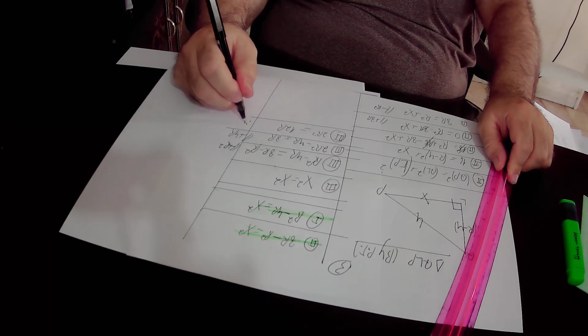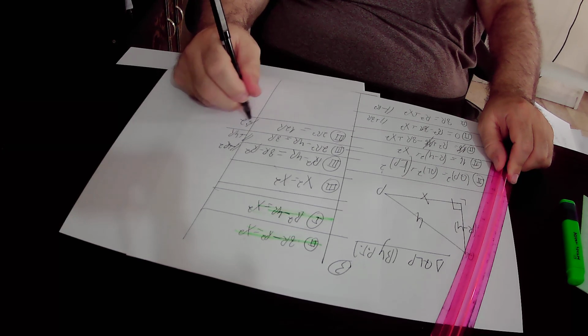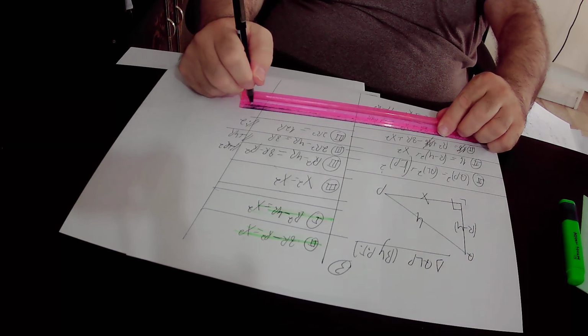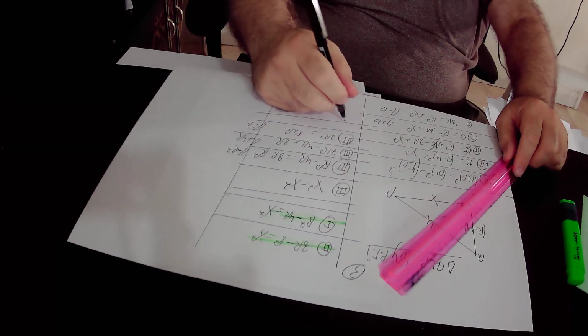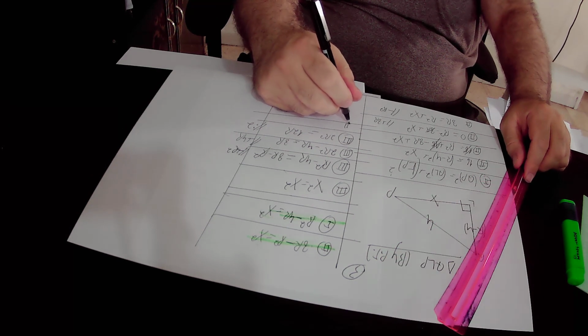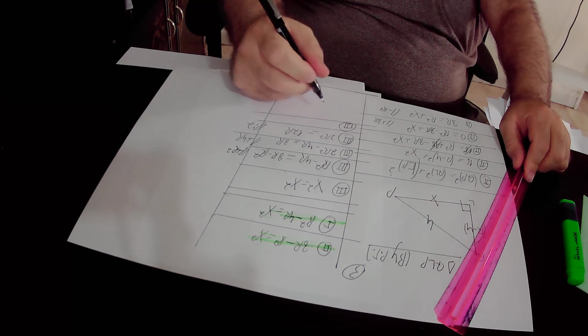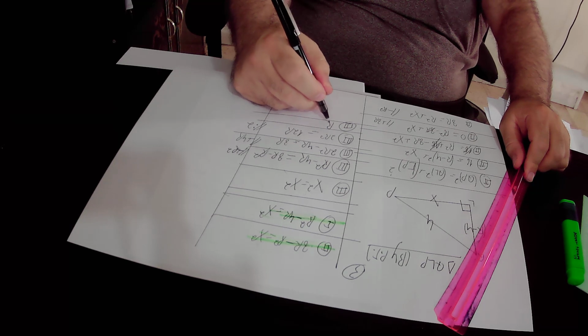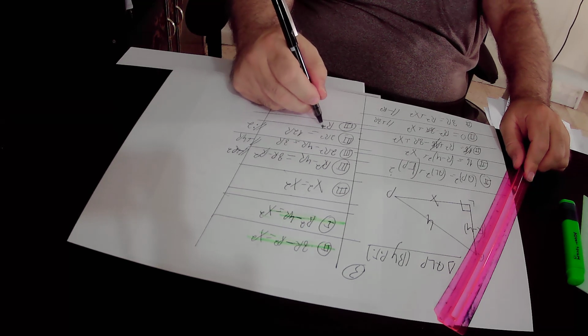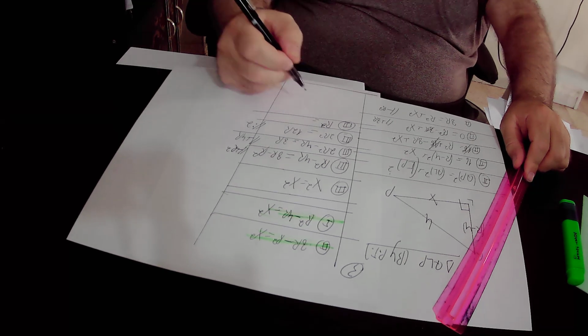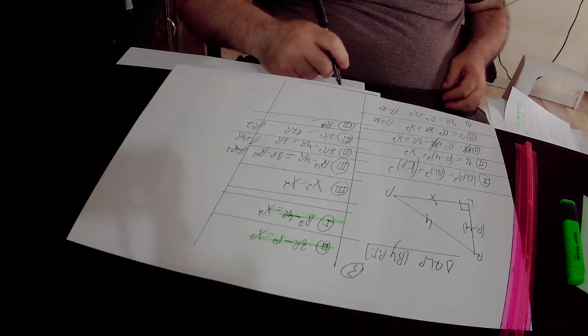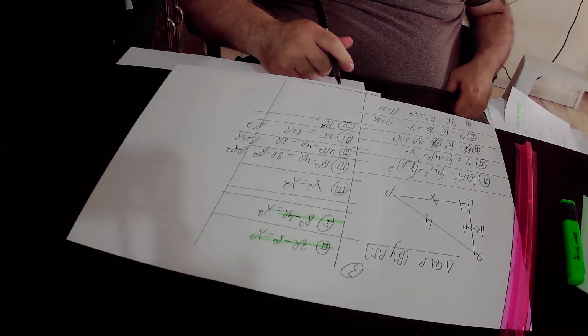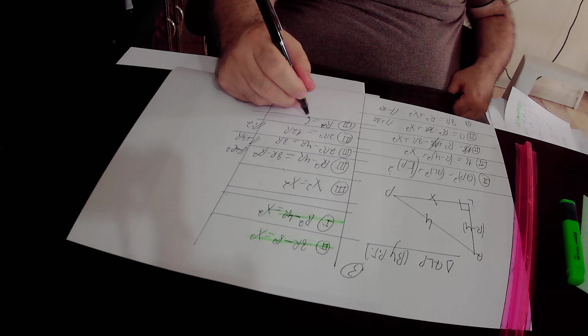Here we will divide equation number 3 by 2, and we get that according to equation number 3, 2R squared over 2 is R squared. That is equal to 12R over 2, which is 6R.